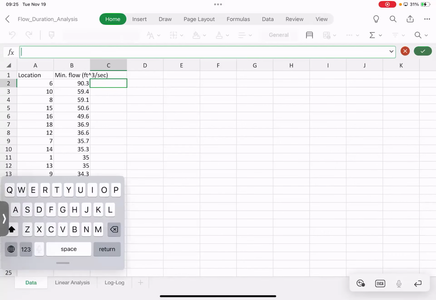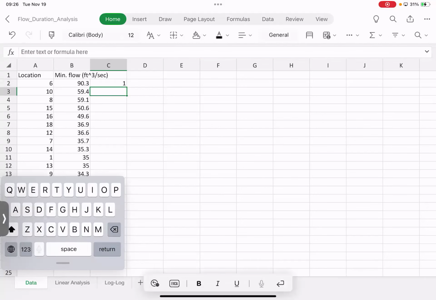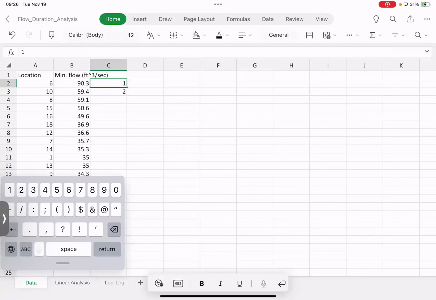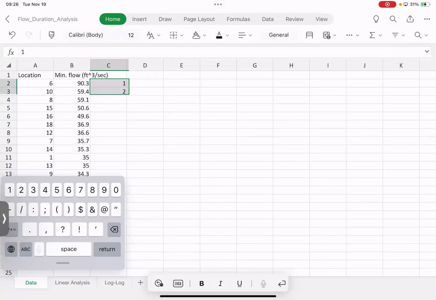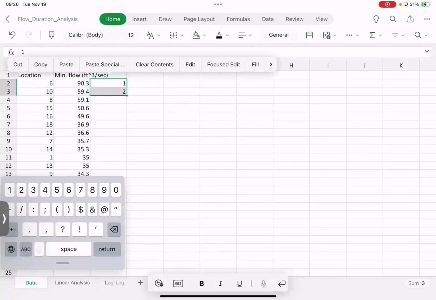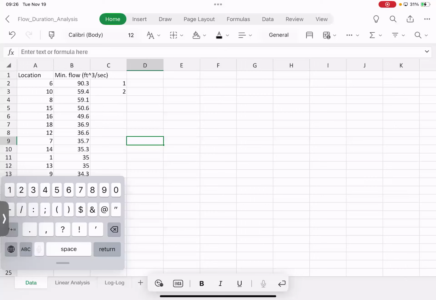Show keyboard. This is going to be 1. This is going to be 2. And hopefully it'll just keep going. Nope. Not with my finger. Okay, not great.